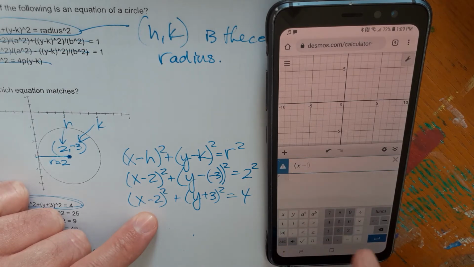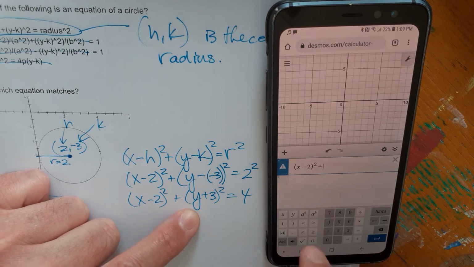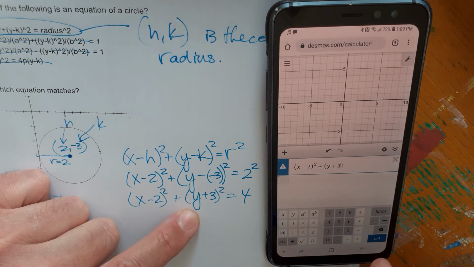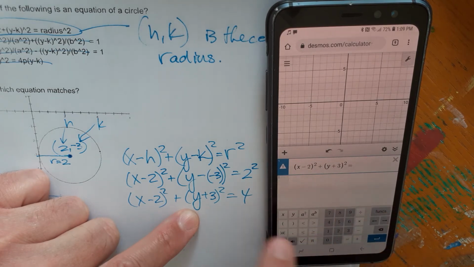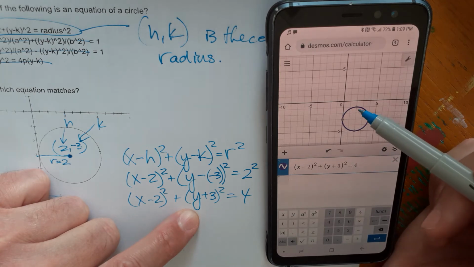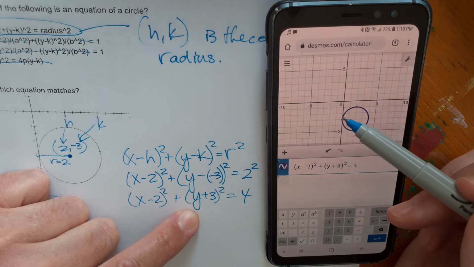And I want you to try this. This is an important part of the assignment. We've got a parabola so far. That's kind of interesting. Plus, but now we're putting in the y plus 3, parentheses, squared. That's part of the equation so far. We need an equals here. Equals 4. And look at this. It draws for us what this represents. This equation draws a circle.